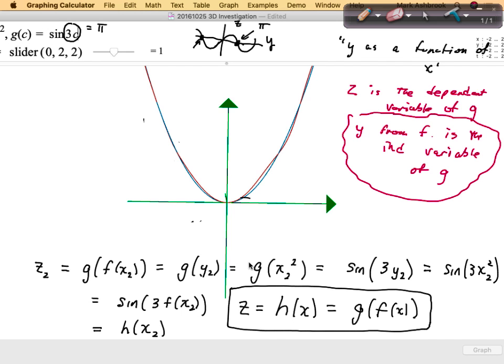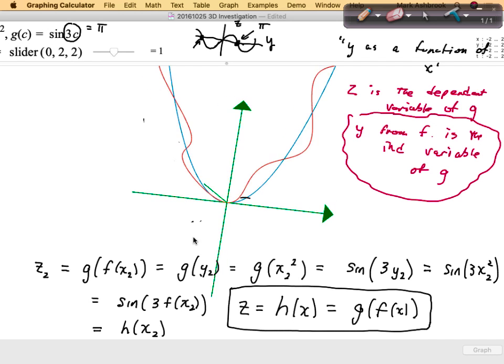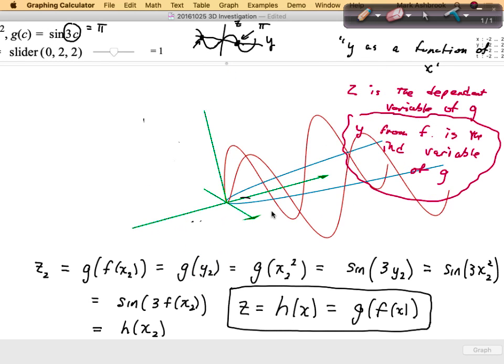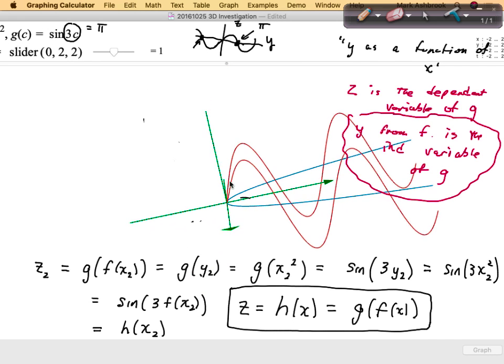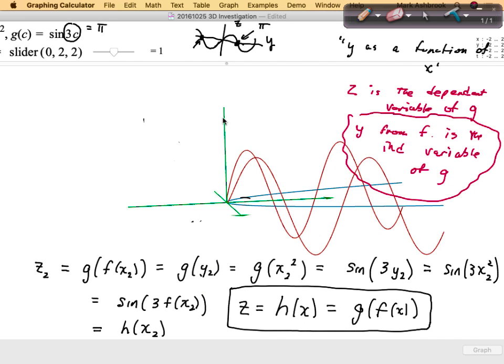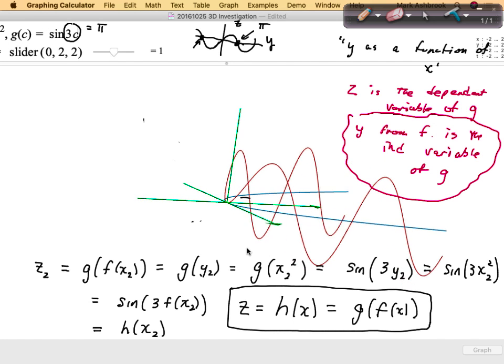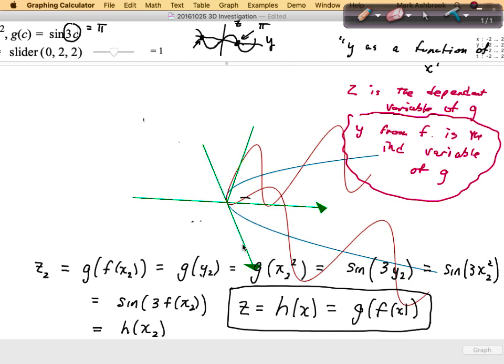And if I show you the yz plane, now I'm backwards. No, I'm not.